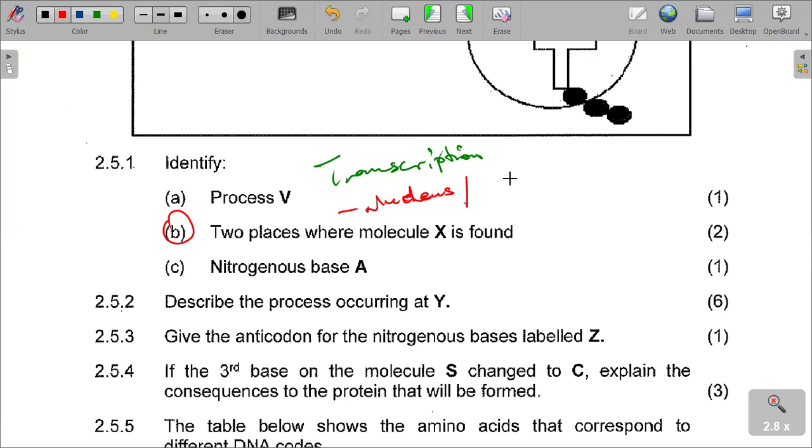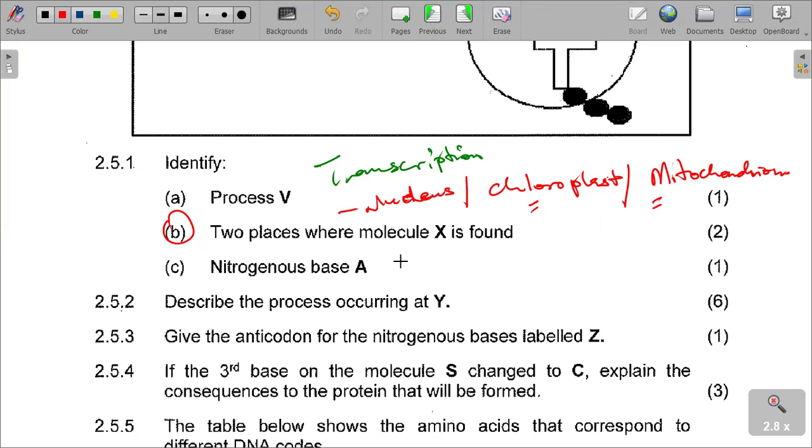It is found in the chloroplast of a plant. It can also be found in the mitochondrion. That is very fine. DNA is found in the nucleus, in the chloroplast, and in the mitochondria.